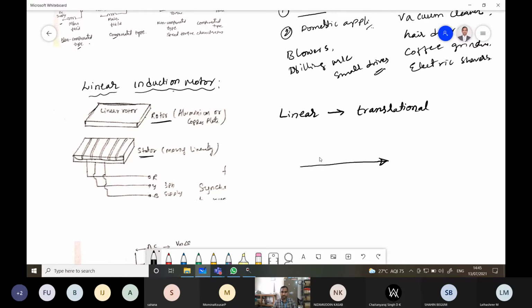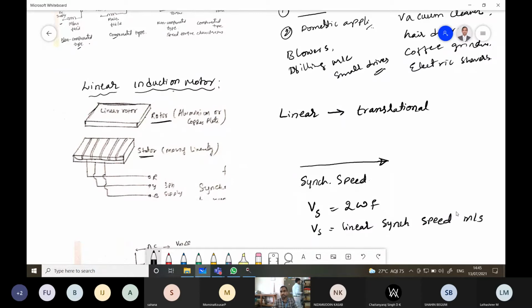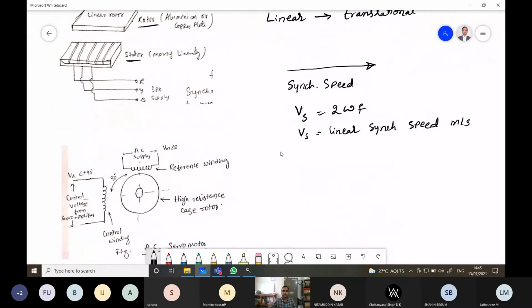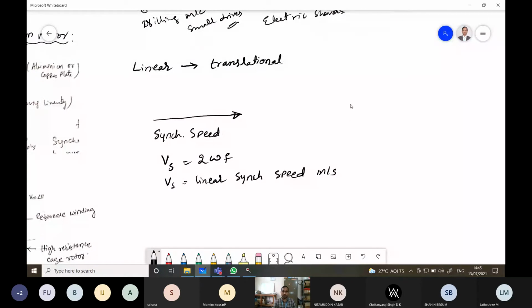The synchronous speed of the motor is given by Vs = 2 W F, where Vs is the linear synchronous speed in meters per second, W is the width of one pole pitch, and F is the frequency of supply in hertz.